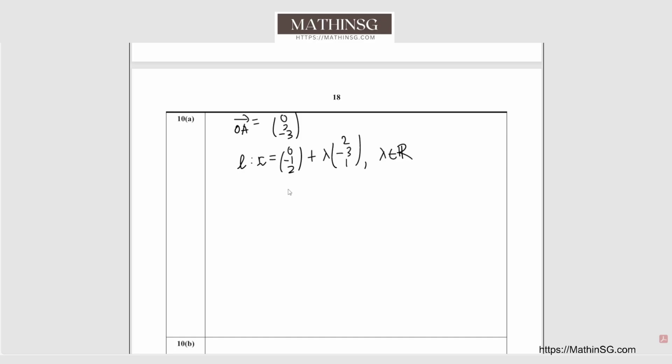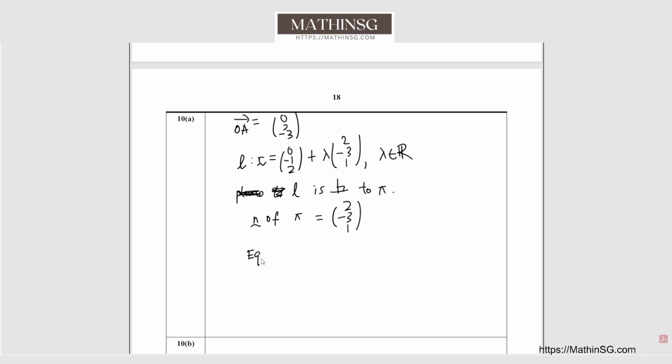And we know that the plane is parallel, or L is perpendicular to the plane, right? So therefore, the normal of the plane is (2, -3, 1).